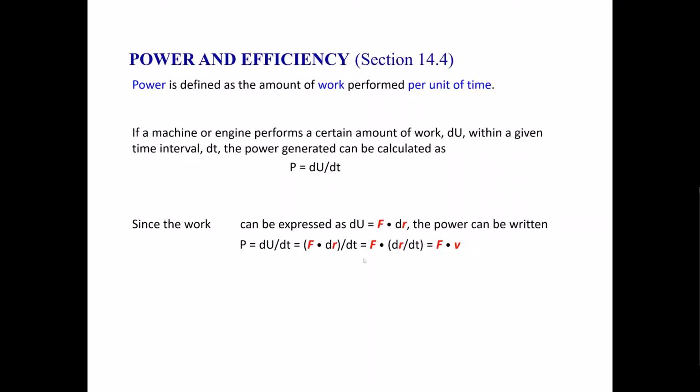So here's our force dotted with delta r, or dr, and we divide it by delta t. All I'm doing is substituting it for dU here.